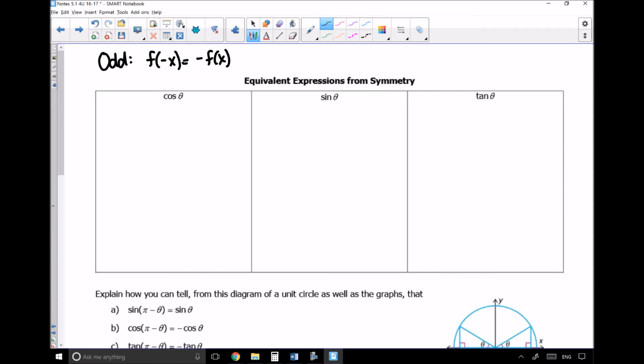Okay, this is something we learned way back at the beginning of the semester, okay? And if a function is even, then that means that f of negative x is going to equal f of x. And basically what this statement is saying is that you're reflecting in the origin. And what this statement is saying is you're reflecting over the y-axis.